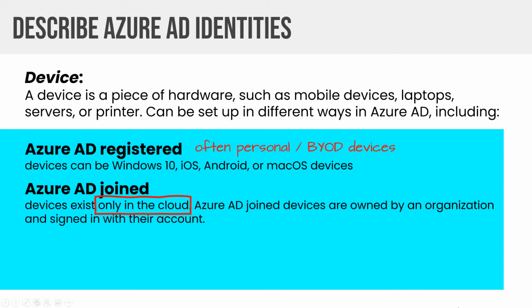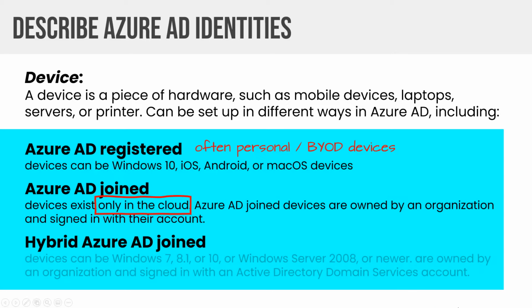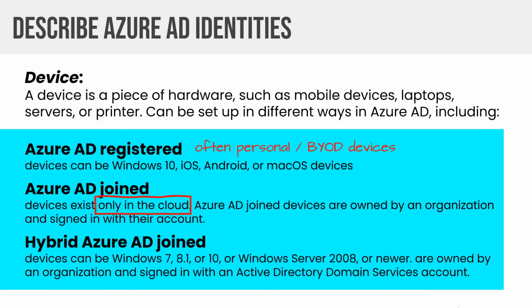And then we have the third option, which is hybrid Azure AD Join. So in this case, devices can be Windows 7, 8.1, or 10, or Windows Server 2008 or newer. They're owned by an organization and signed in with an Active Directory Domain Services account. So Active Directory Domain Services, remember, is your on-premises directory services.